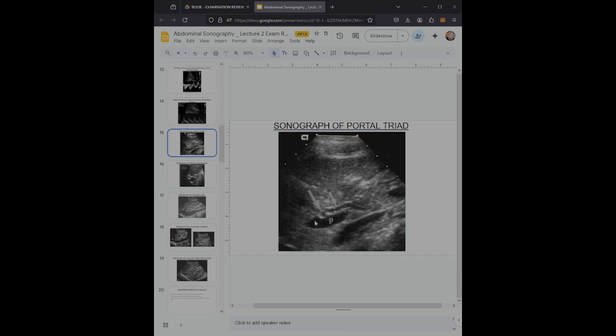So we have our portal vein there, you have your common bile duct there, and you have your hepatic artery there.